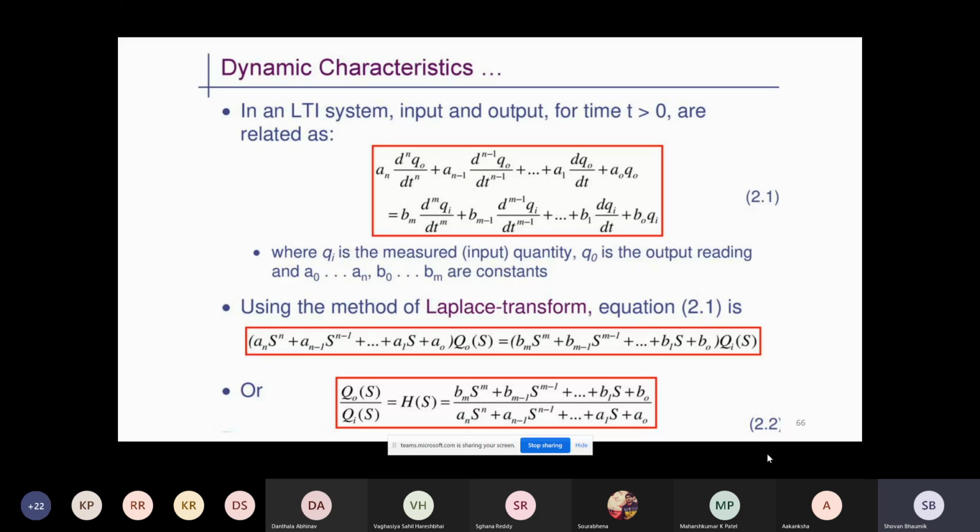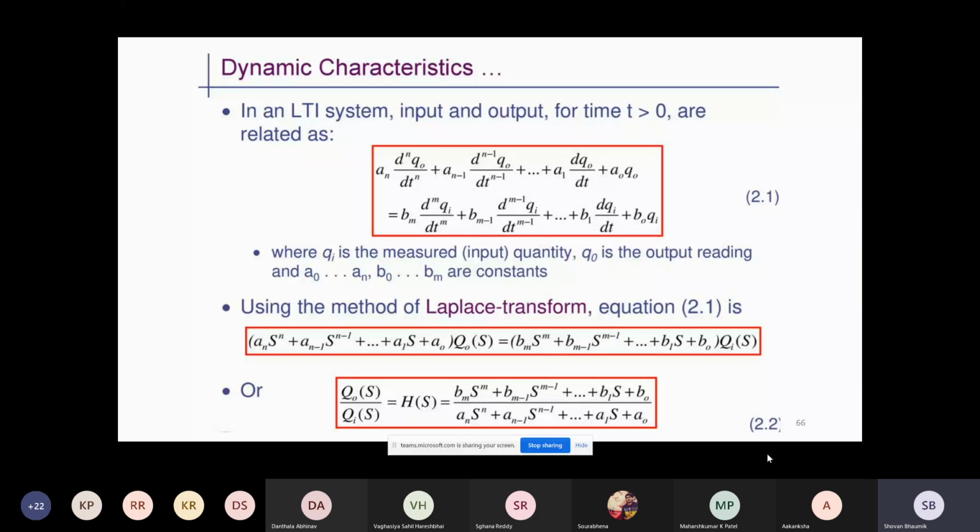So for an LTI system, the input output can be written with the help of a differential equation. Now let's see how we can write it. Now let's look at equation 2.1. It is arbitrarily named. What this equation says is that this is a differential equation.